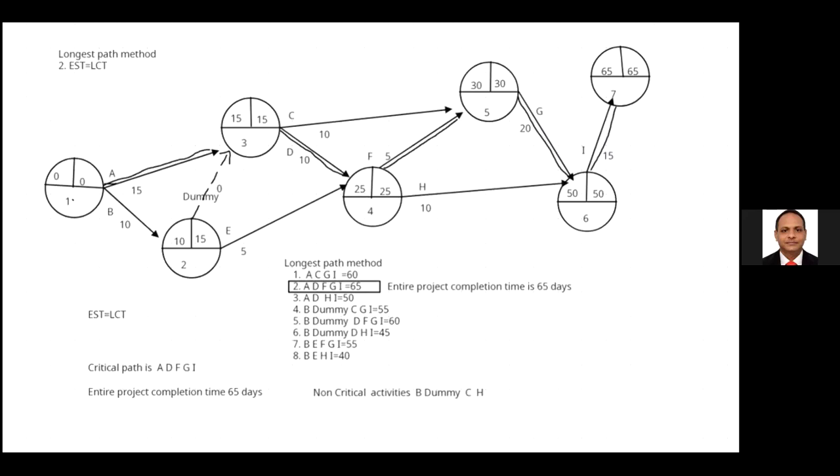If you add the total duration of all activities, maybe 10, 15, 25, 35, 45, 50, 60, 80, it requires 100 days. But if you use the critical path method, you can complete the entire project within 65 days. My question is how?